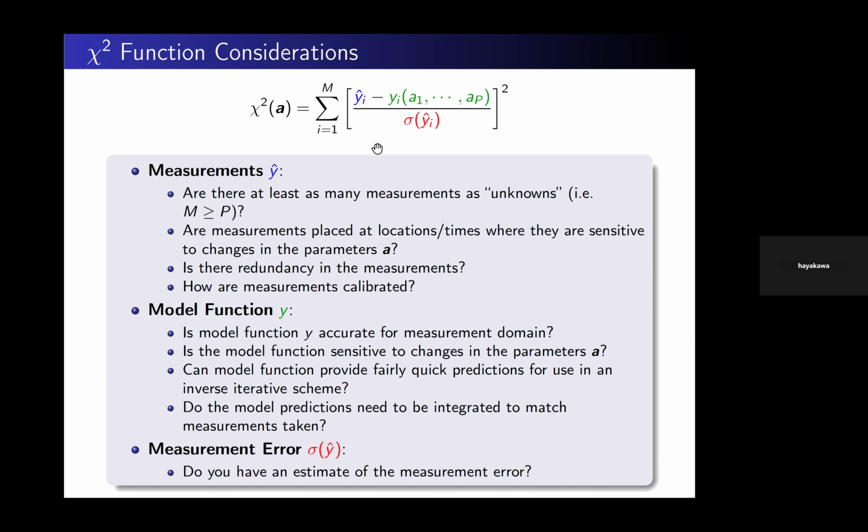So you want to make sure that you can provide a fast forward model prediction. And sometimes you need to integrate. Standard diffusion gives you reflectance at a point on the surface, but maybe you're actually measuring a finite domain, so you have to integrate that solution over the finite domain that you're measuring. And if you do have measurement error, then it's nice to use within this chi-squared, but it is not necessary.